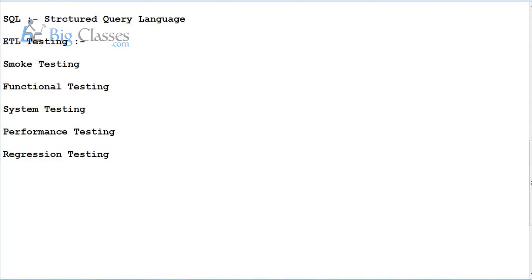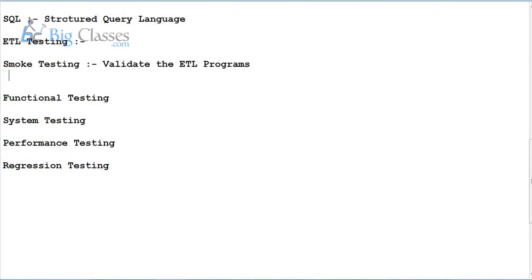So basically in the smoke testing process, you're going to validate whether the programs are present in your ETL repository or not. Validate the ETL programs, what they have defined, or validate the tables in the database.